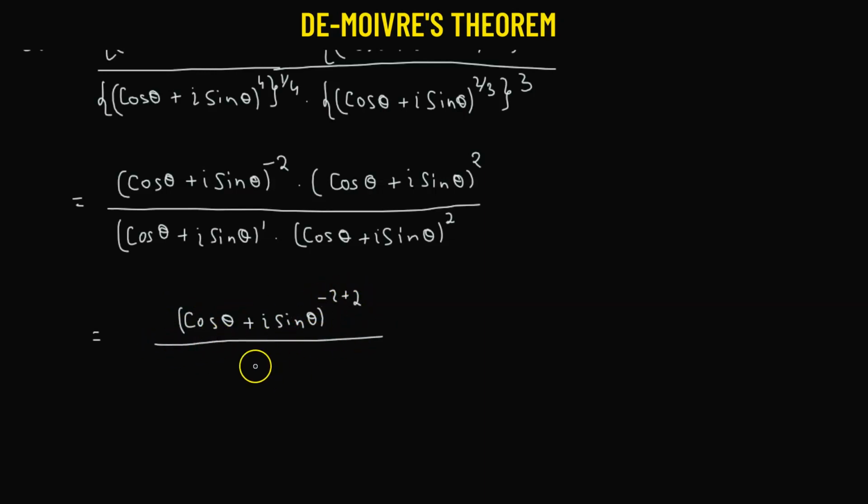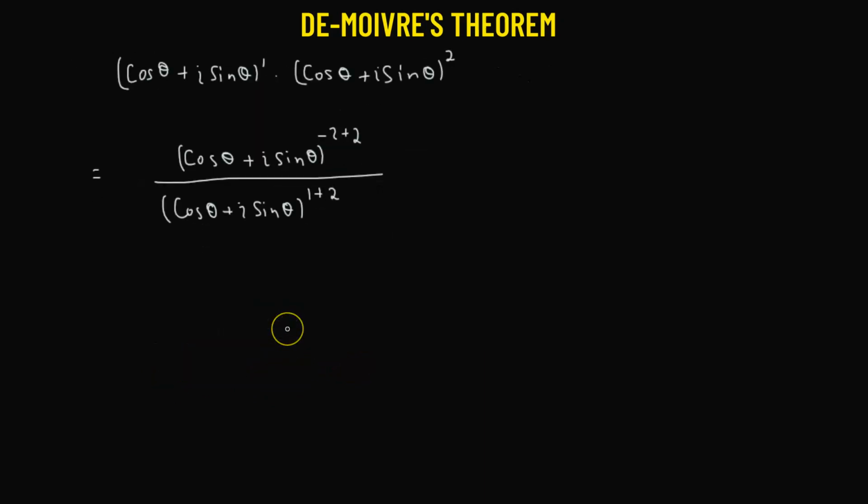And in the denominator, we have cosine of theta plus iota times sine theta raised to the power of 1 plus 2, and 2 plus 1 is going to be equal to 3, so we'll take it to the numerator and multiply it to the numerator to give cosine of theta plus iota times sine theta raised to the power of negative 3.